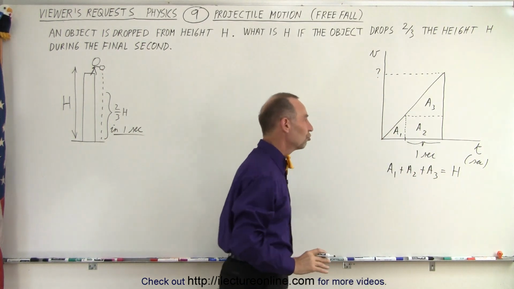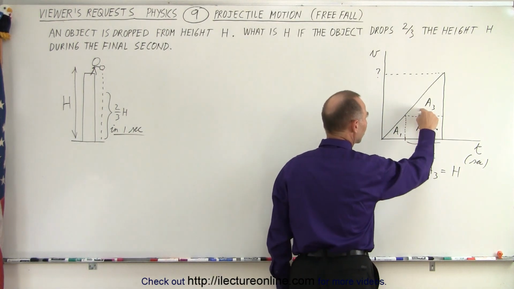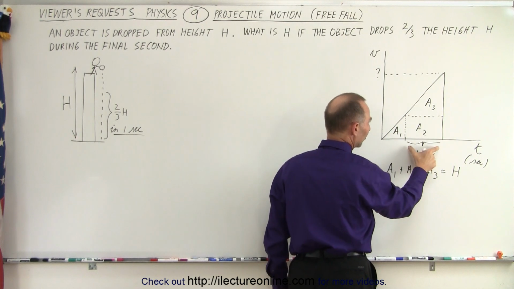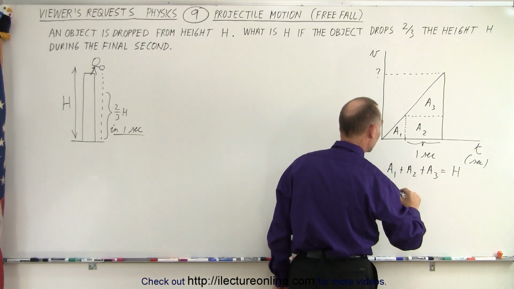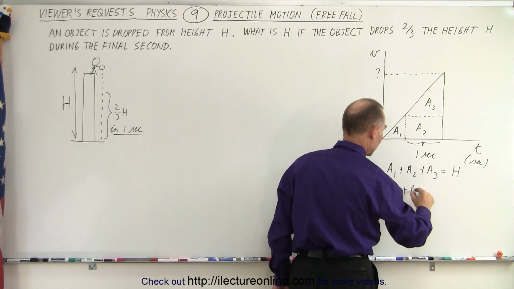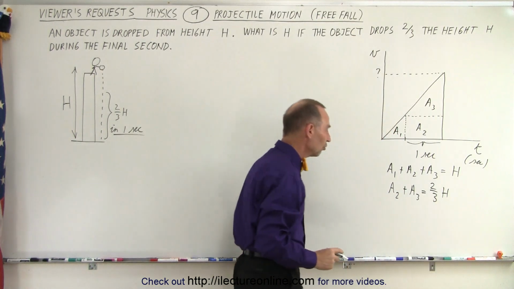I'm also told that A2 and A3, which is the distance traveled in the last 1 second, is 2/3 of the total distance. So we can say that A2 plus A3 is equal to 2/3 h.